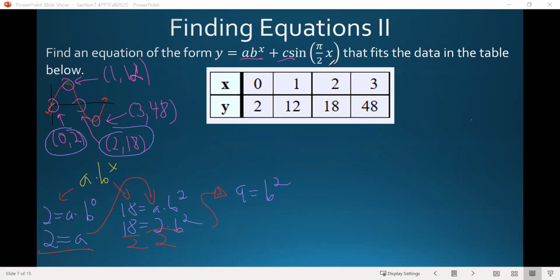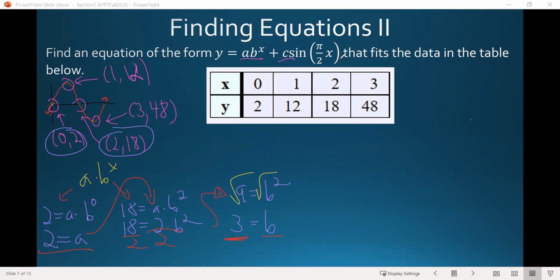You can solve by taking the square root on each side, which in this case would give us b equals 3. And normally when we take a square root, we have two answers, right? A plus and a minus. However, you may also recall that the value for b in an exponential can never be negative, so we're only going to take the positive 3.